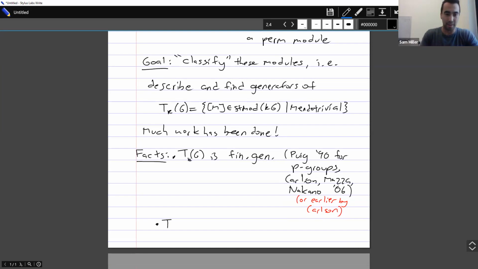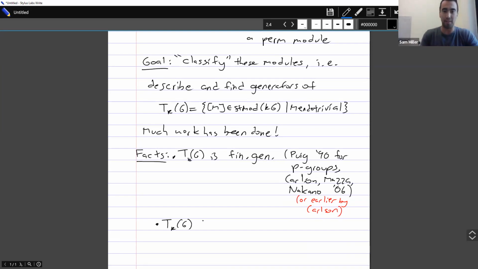And so T_k of G was classified, completely described, for P-groups. And this goes back to a couple of papers by Carlson and Thévenaz, I think ranging from 2000 to '04.